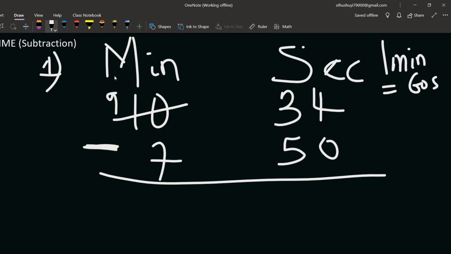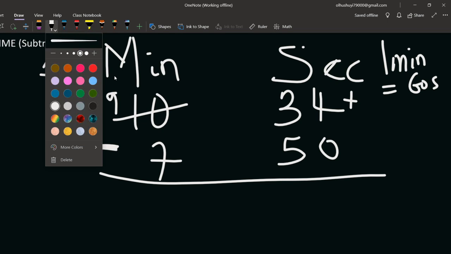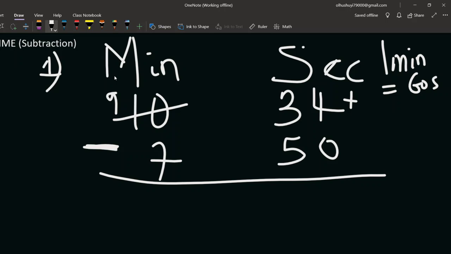So you have this plus 60. So let me reduce the intensity of this marker. Isn't this good? So you have 60 plus 34, you have 94. So you can now remove 50 from 94.